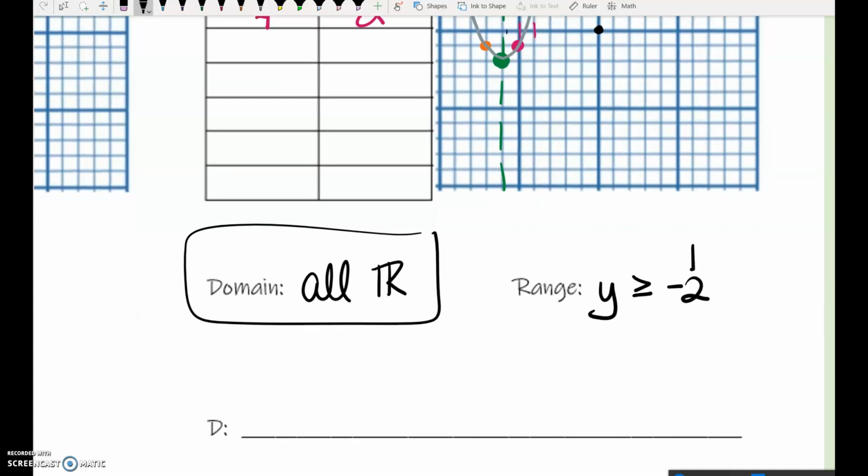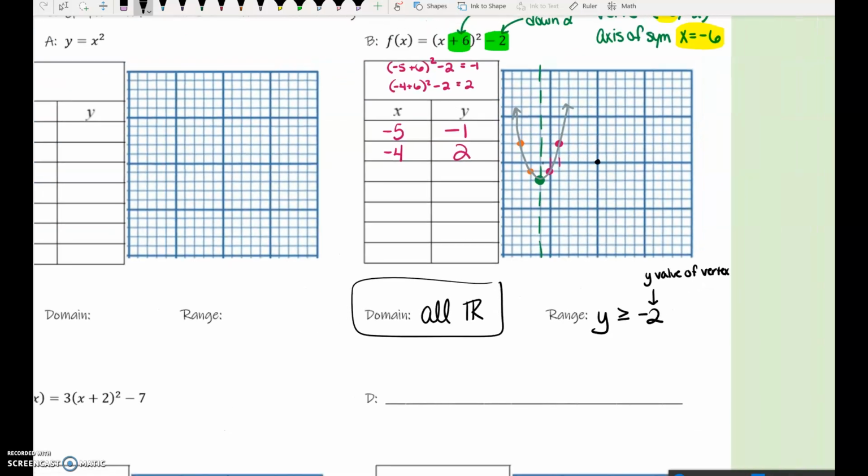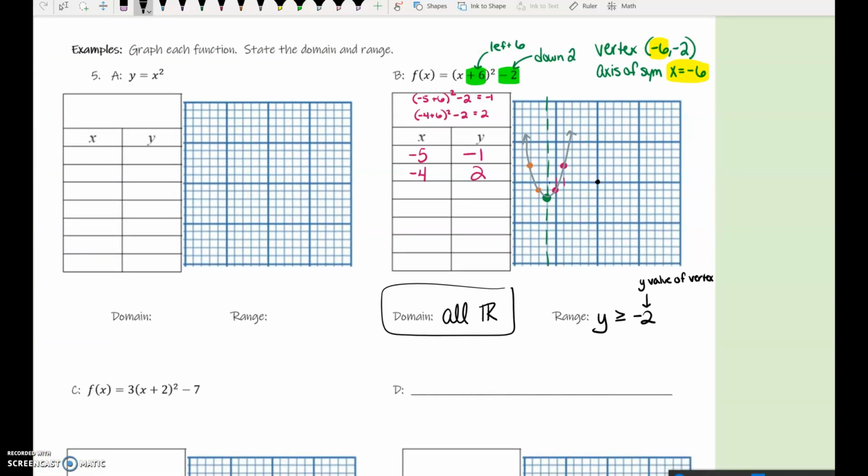This number is always going to be the y value of the vertex. We shifted the whole graph down 2, so the range shifts down 2. I probably shouldn't have skipped example A.